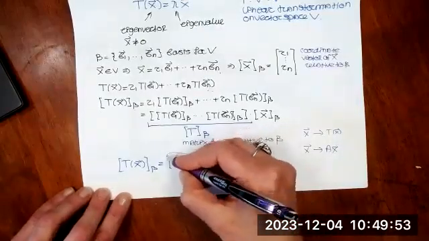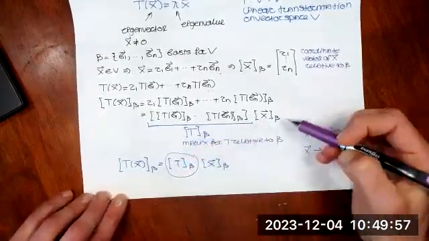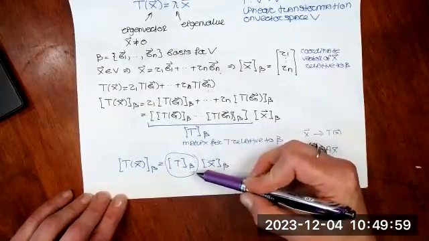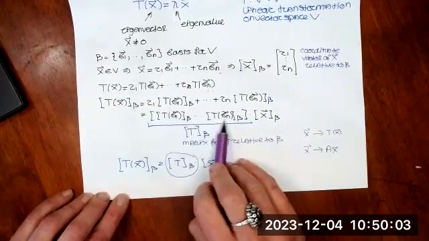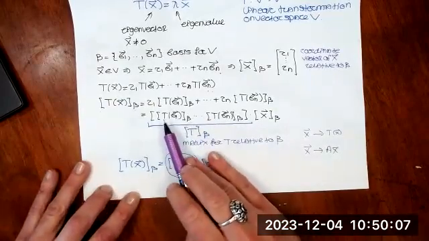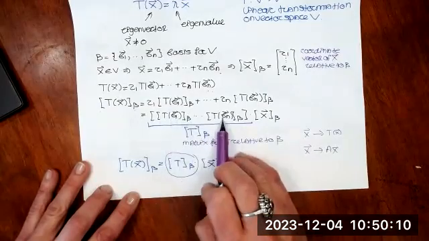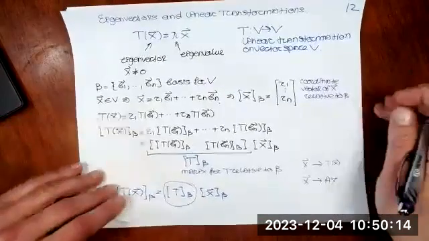That matrix A is my T of B, the matrix representation of my linear transformation relative to the basis beta. The columns are the beta coordinate vectors of the transformation of all of my basis vectors. So that's a useful formula.